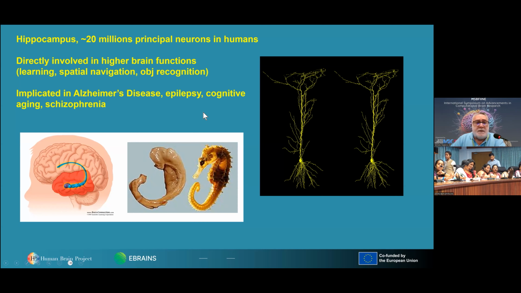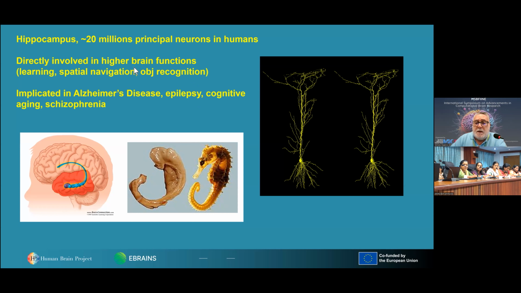The reasons are that this region is directly involved in higher brain functions, learning, spatial navigation, object recognition, and so on. And it is implicated in very widespread diseases like Alzheimer's, epilepsy, and of course, cognitive aging and schizophrenia.